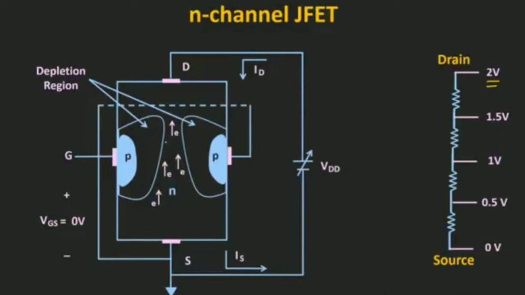We had seen in the earlier video that as we increase the applied reverse voltage, the width of the depletion region will also increase. So the depletion region is wider at the top portion and narrower at the bottom portion.